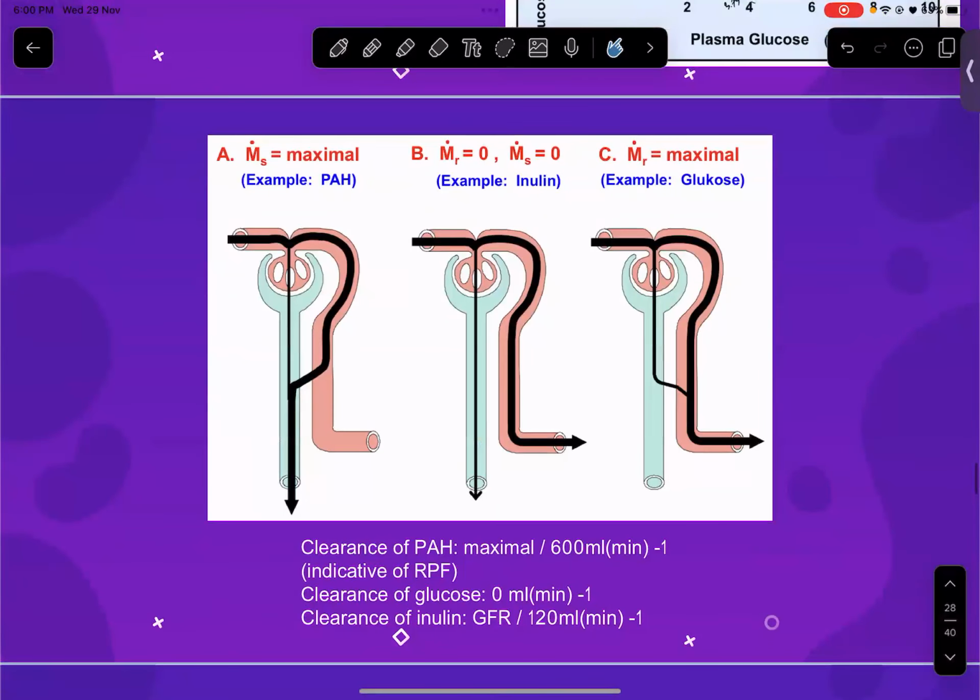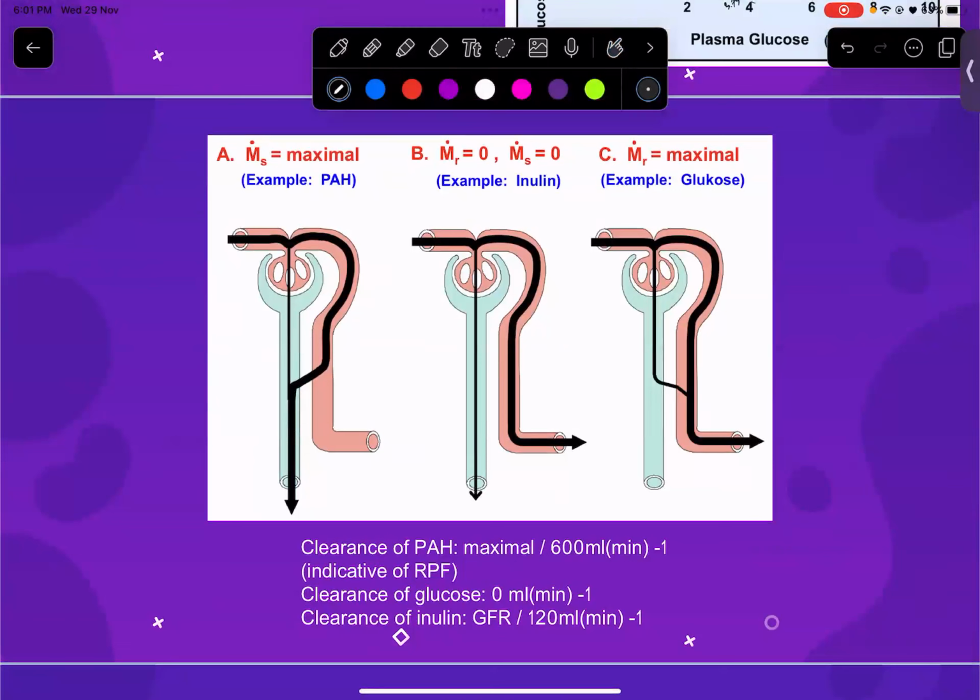So we discussed technically three substances that are passing through the tubular system and how they can help us figure out multiple things. For example, para-aminohippuric acid (PAH) is freely filtered, and basically all of the 80% of PAH that's passing through the peritubular capillary will be secreted, and therefore this helps us figure out the RPF, the complete renal plasma flow. Inulin is freely filtered, but it's neither secreted nor reabsorbed.